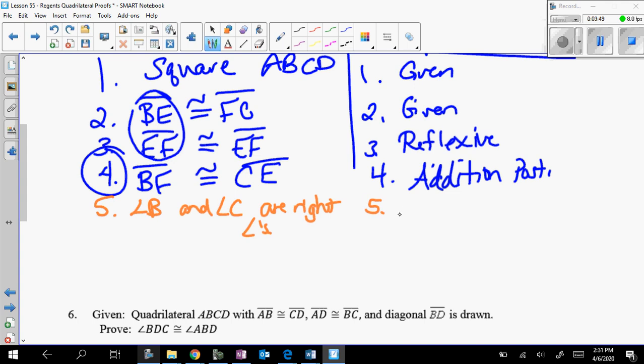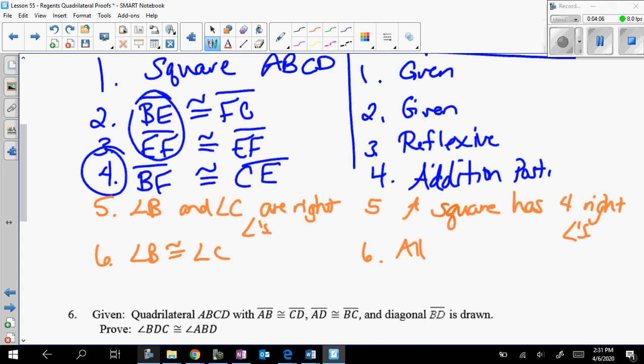Why? Because a square has 4 right angles. That explains how you know. Now say that they are congruent to each other because all right angles are congruent. So we've got 2 down.